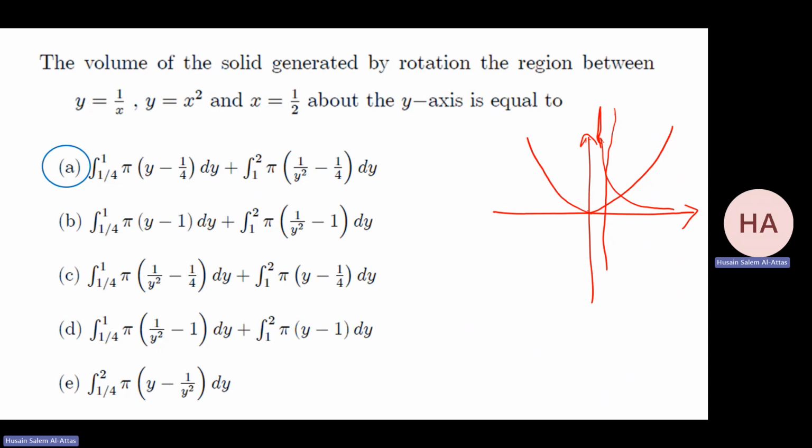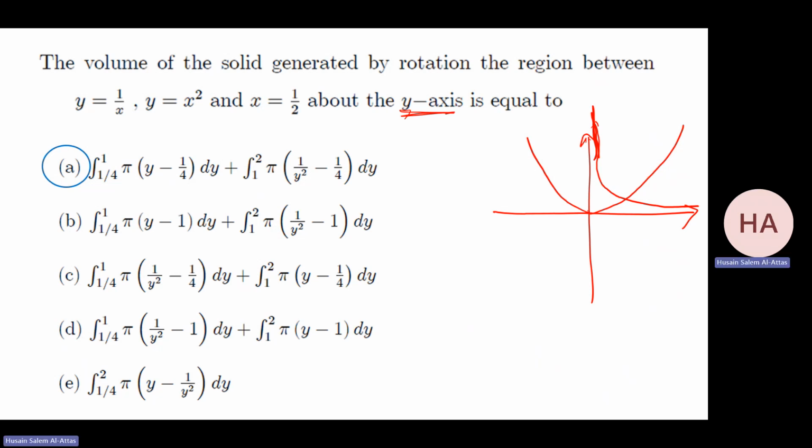The region. Wait a minute. Yeah, I think I need to do it in different colors to see it. This is y equals x squared. This is y equals 1 over x. And I want x equals half. About the y-axis. Don't forget, it's about the y-axis, not the x-axis.